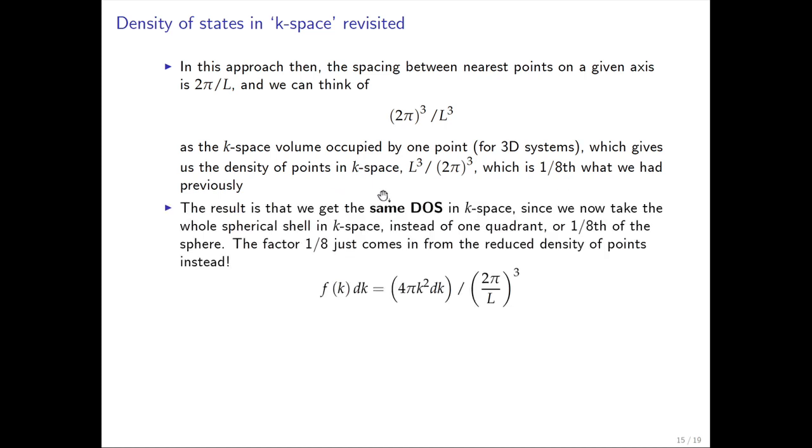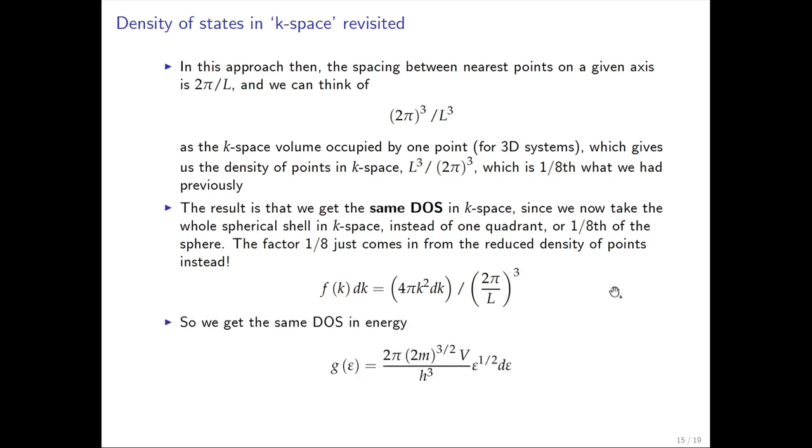But that's okay, because now we can integrate over the whole sphere in wave vector space instead of one octant, which was 1/8. So the result is you get the same density of states in k space, since now we're taking the whole spherical shell in k space instead of 1/8, and so the 1/8 basically gets shoved into this factor instead of out front. So in the end you get the same answer, and so why bother? Well, this is just the way it's approached in other places.